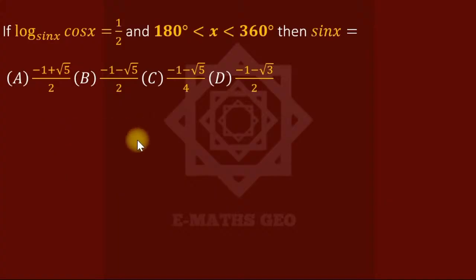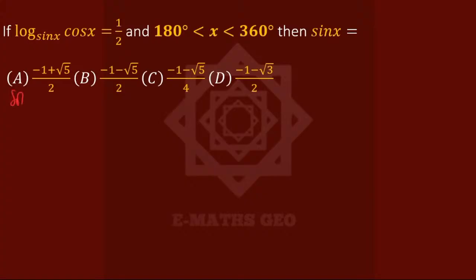Okay, we are told that log of cos x in base sine x is a half, and the angle x is between 180 and 360. We're asked to find sine x. So let's solve.